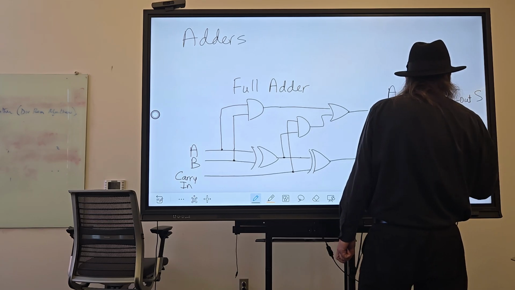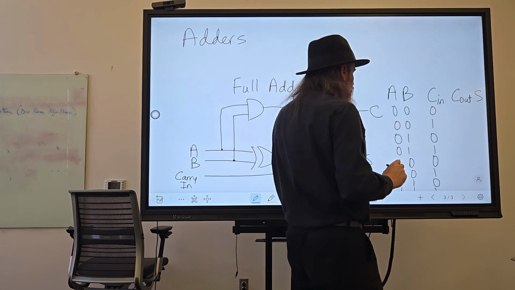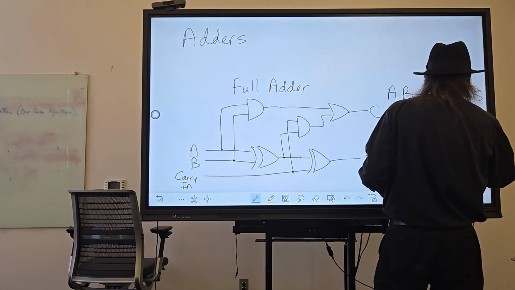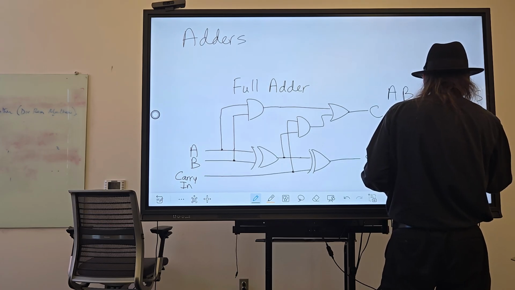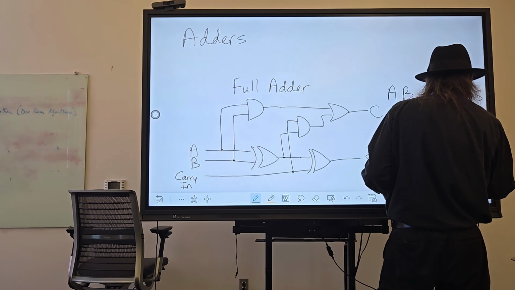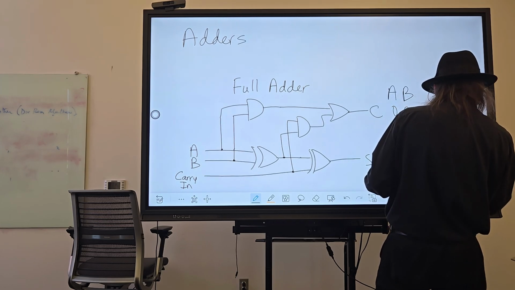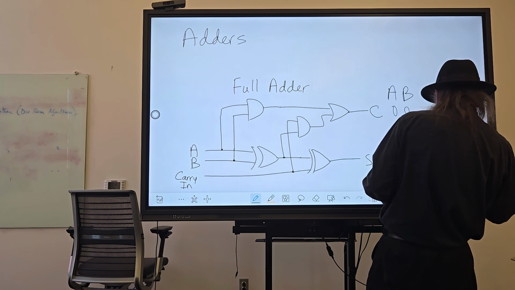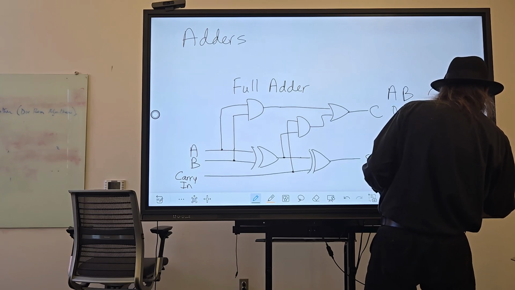And that's your carry out and sum: 0, 1, 1, 1, 0, 1, 1, 0, 1, 0, 0, 0.